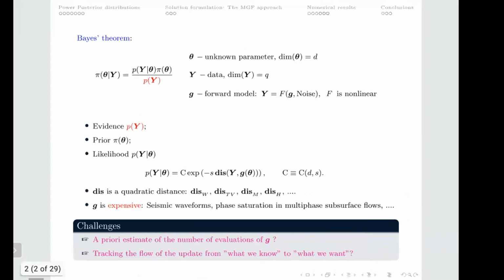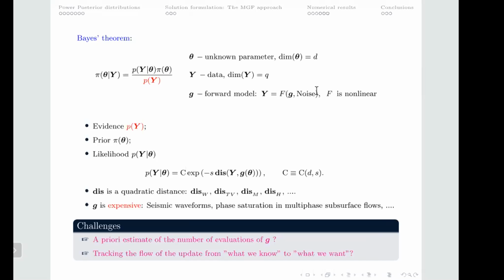So let us start. We are interested in inverting the parameter theta of dimension D, and for that we use the data y of dimension q, and we consider that y is the output of the forward model G polluted with noise through a nonlinear function f.